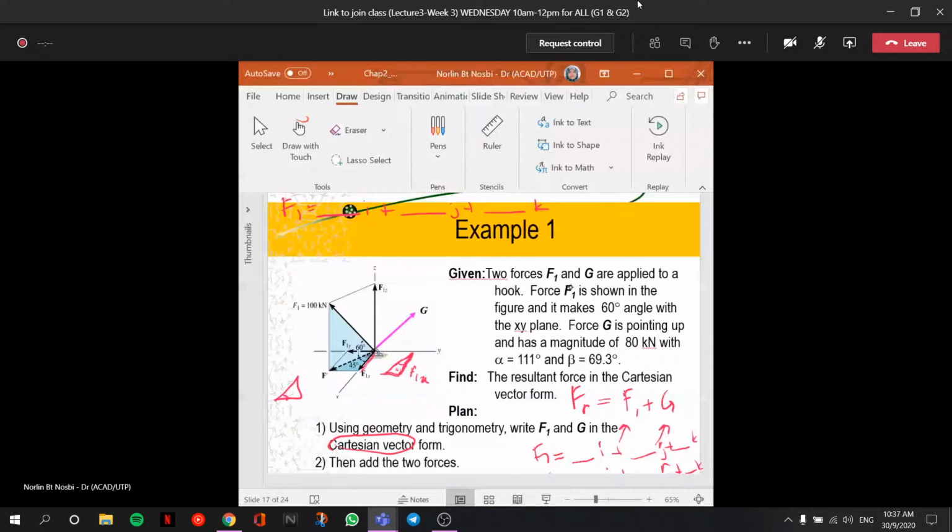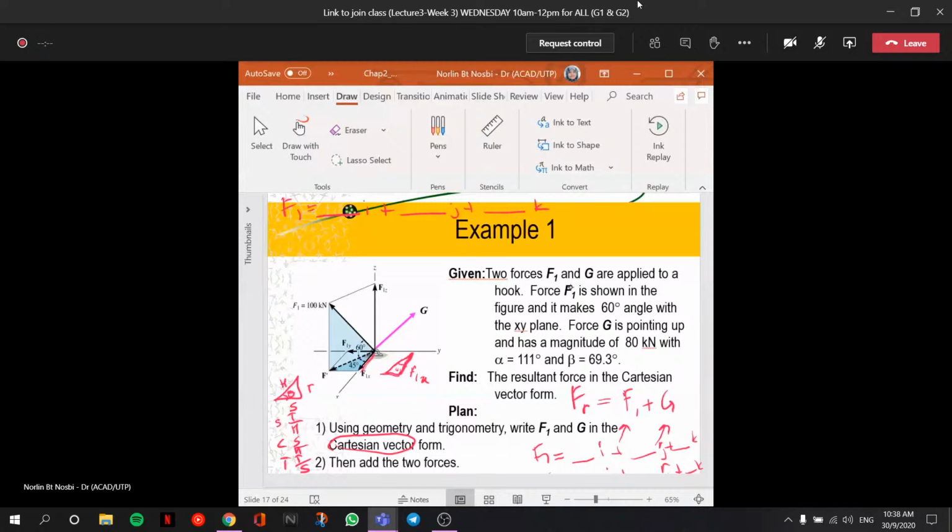SOH CAH TOA. Okay, in this situation, you need to find the vector that is next to the angle 45. So it should be cos theta over the side value, which is F1x, over the hypotenuse. The hypotenuse is F1 prime here.